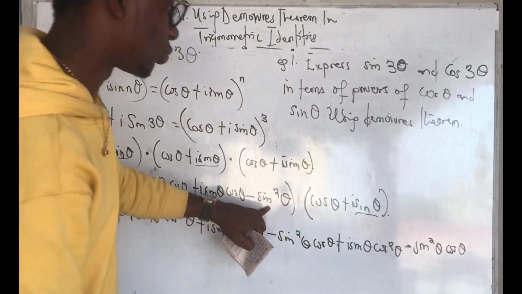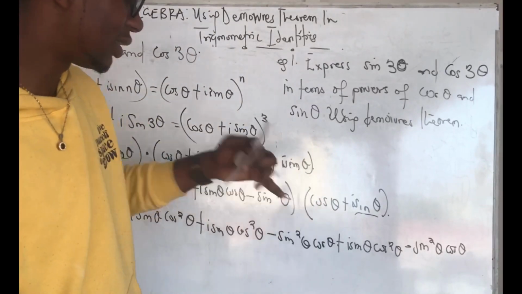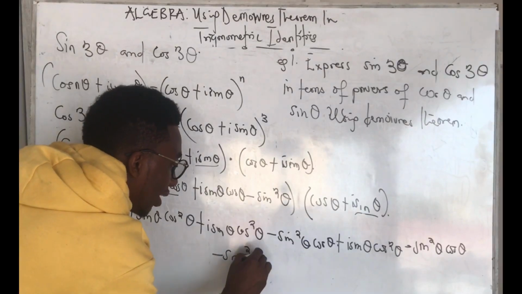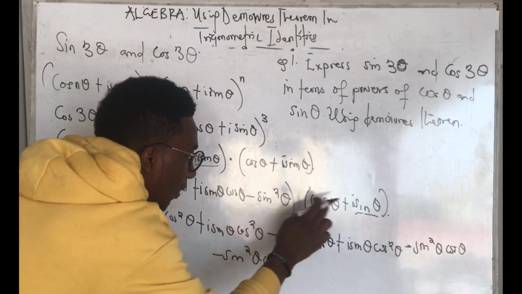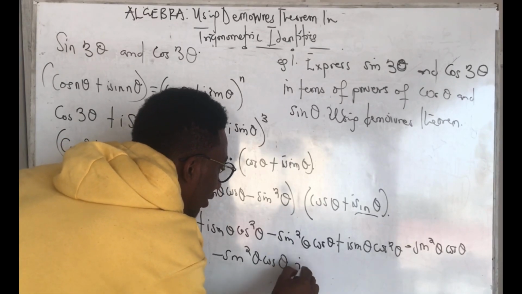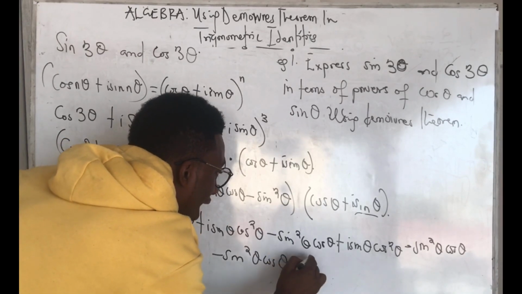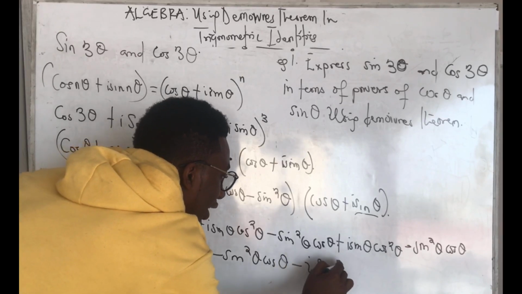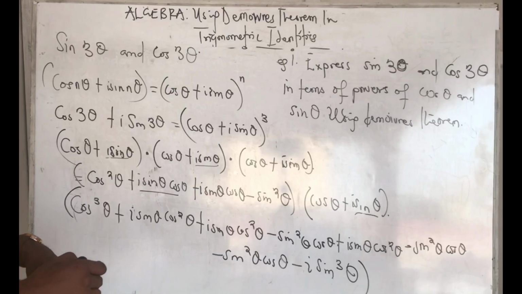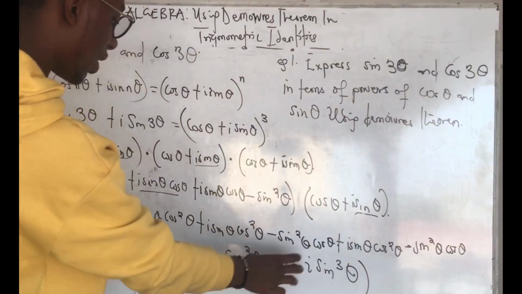And the last one here, when we expand it, we get minus sin square theta cos theta. And the last one here, we get minus i sin cube theta. Alright, so now when we do this, we will be done with the expansion.